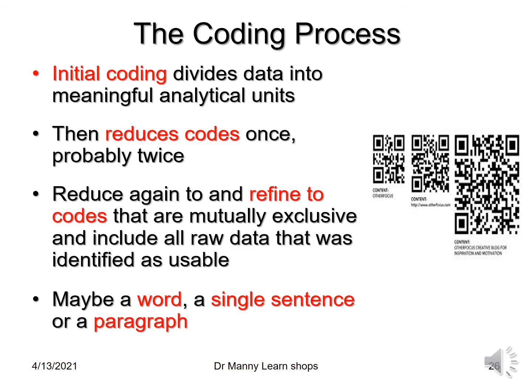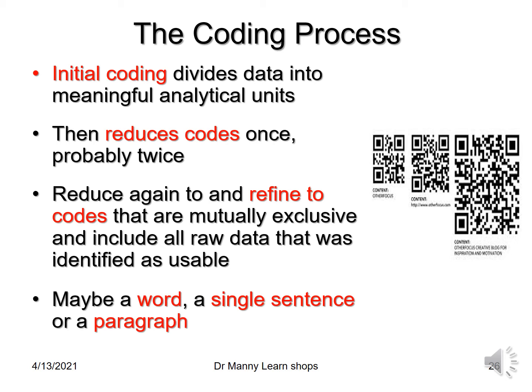What happens during the coding process is that initial coding divides data into meaningful analytical units for you. As we've said, then we start to reduce the codes, maybe once, twice, 3 times. You constantly reduce them because you can have 700 codes, which creates 30 categories, too many.